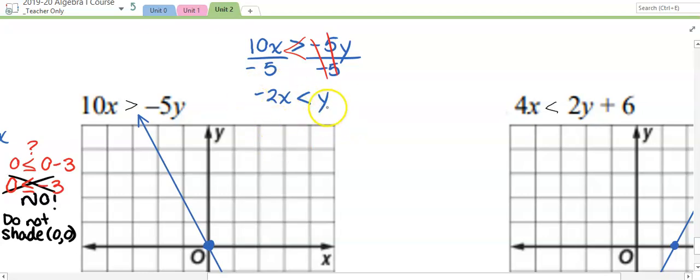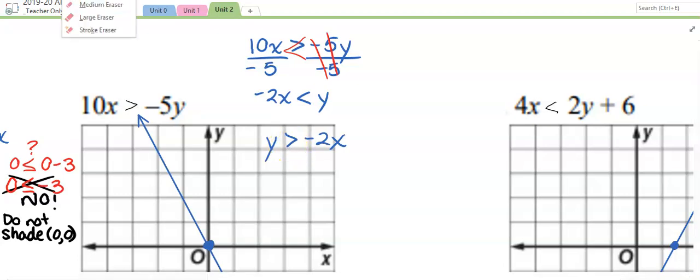And again, I want my letter on the left, so I'm going to flip this entire inequality over so that I have y is greater than negative 2x. This is a dashed line, so I need to go back and make my line dashed.